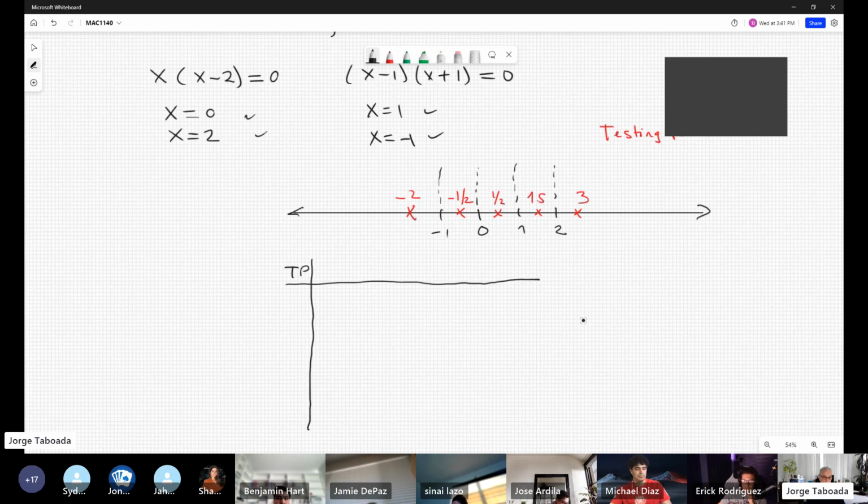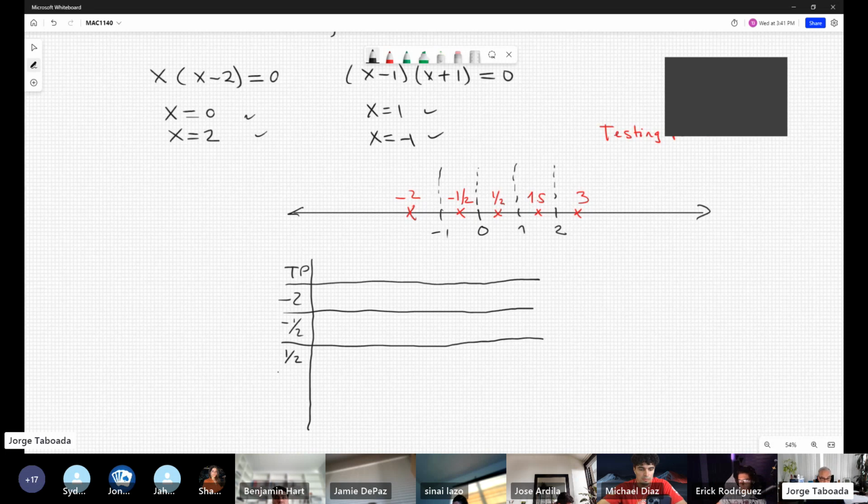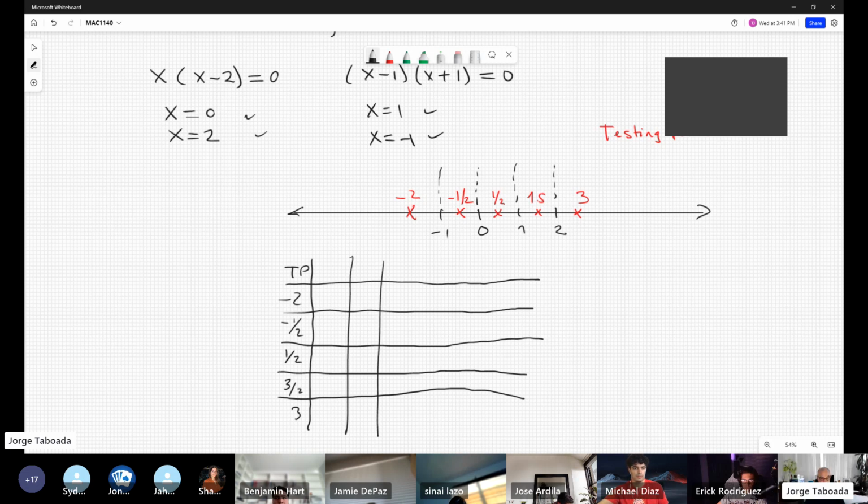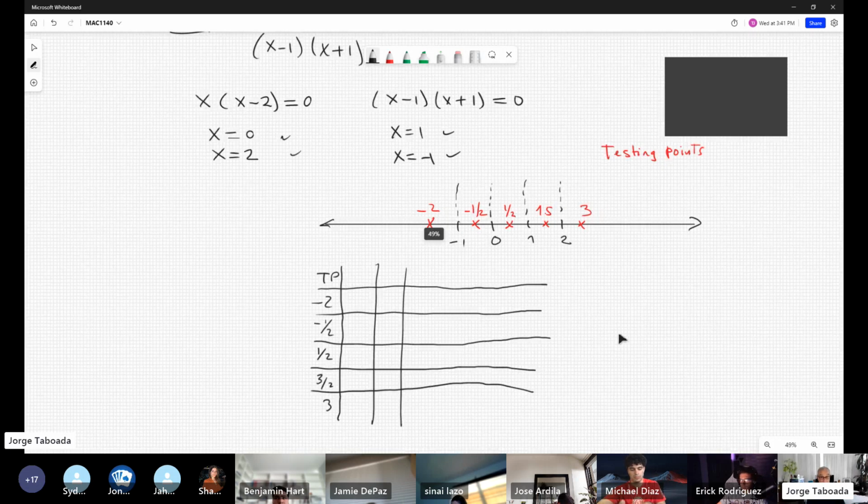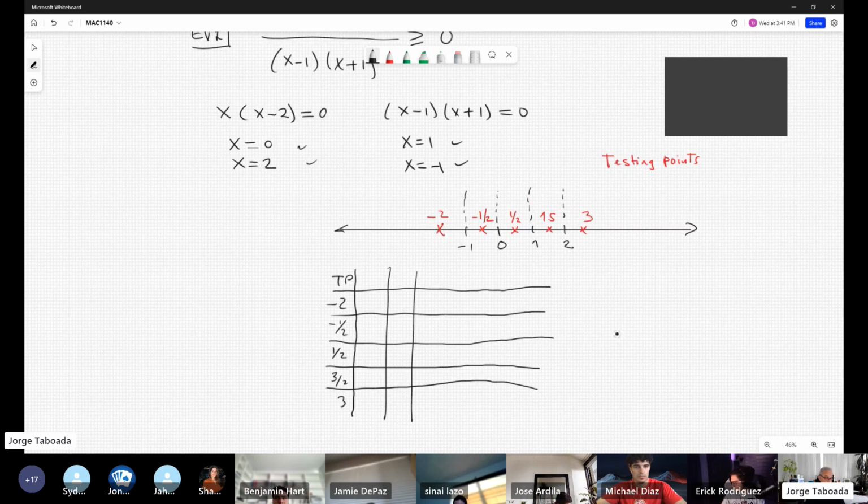Total is -2, -1/2, +1/2, 3/2 or 1.5, either way, fractional or decimal, and 3. And you list the factors of the expression. Actually, we have 4 factors. The factors are x. Doesn't matter the order. The order is not important.